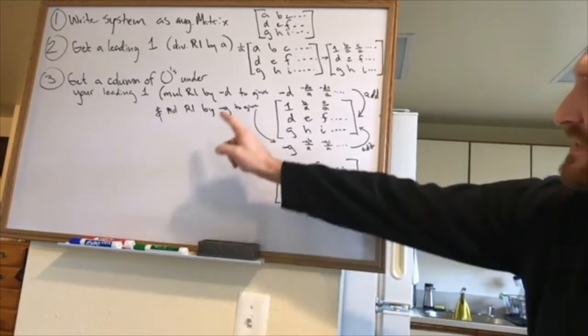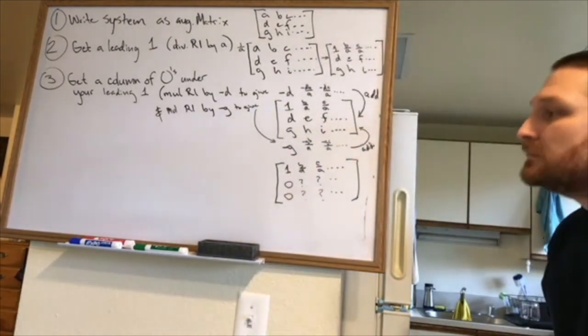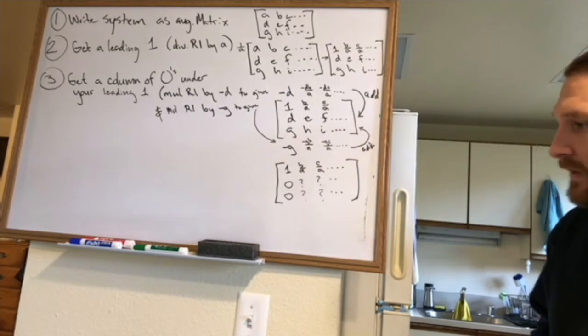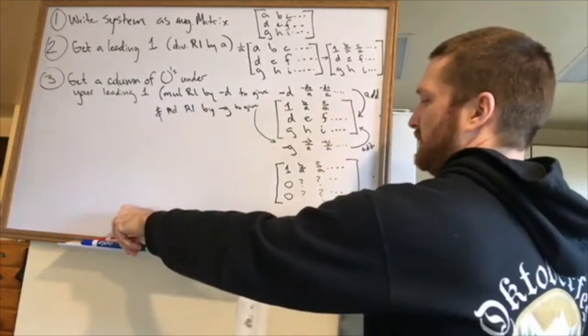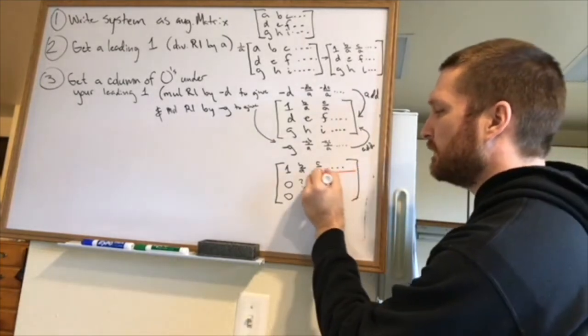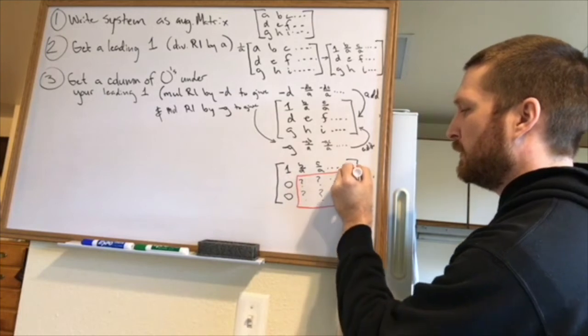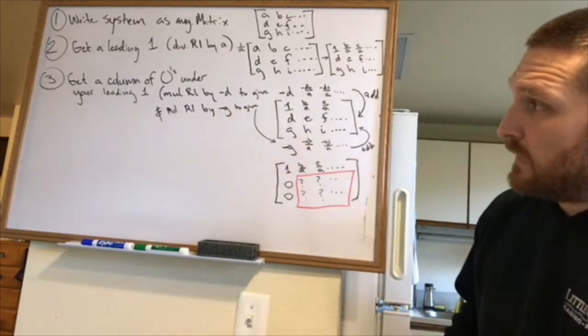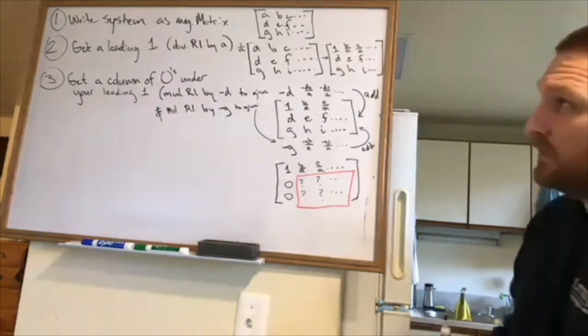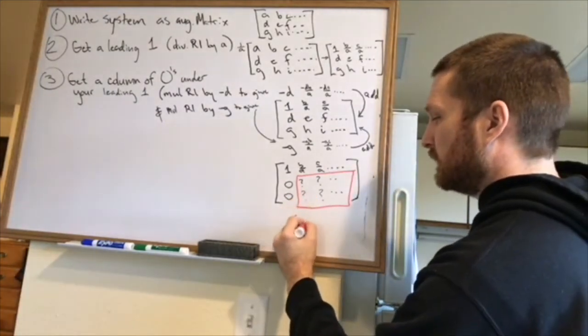Okay, so that's step 3. We clear zeros beneath there. Then you'll notice it's now as though you have a brand new system. And so once you're down to here, you just go back to step 2.